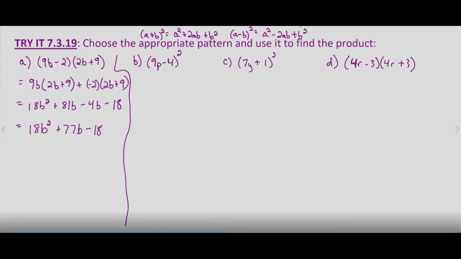And remember, that's called a binomial square. That's what this pattern is. So with this, we have 9p minus 4 squared. So a is 9p, and b is 4.